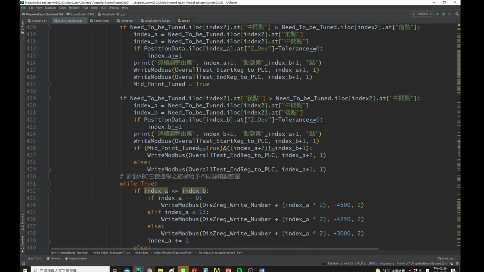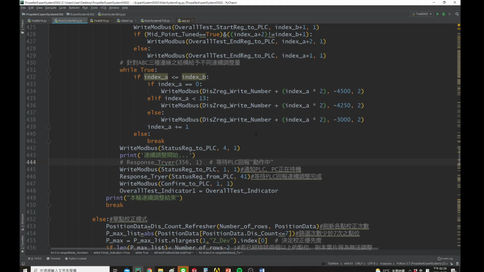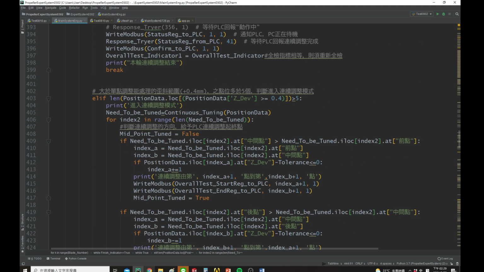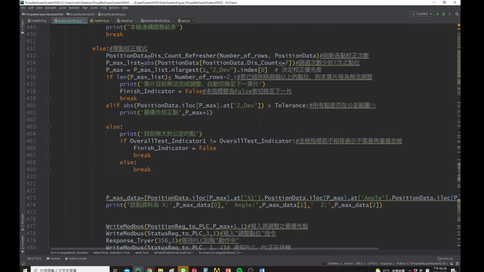Okay, so here's the process of the continuous tuning, and then it comes to single point tuning.